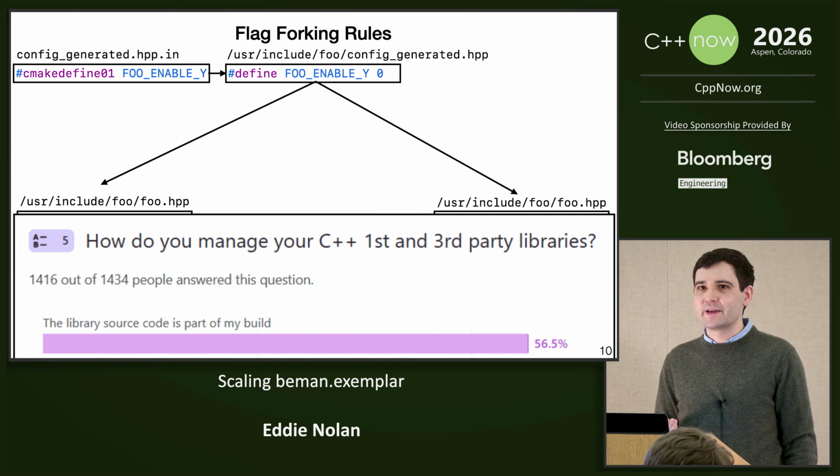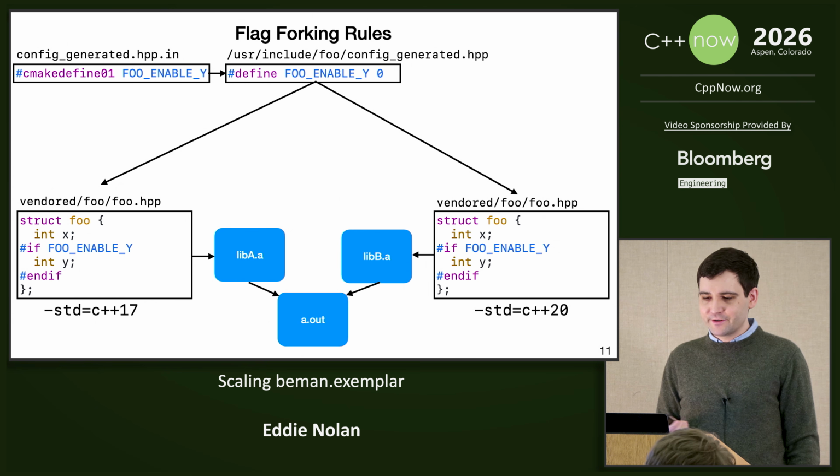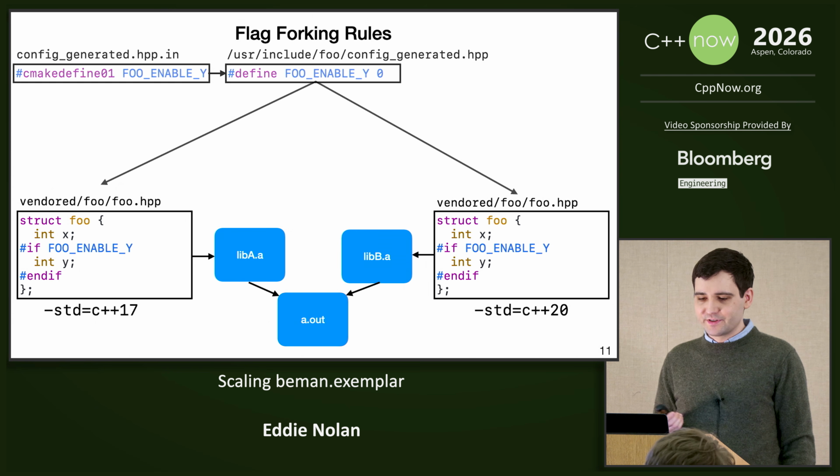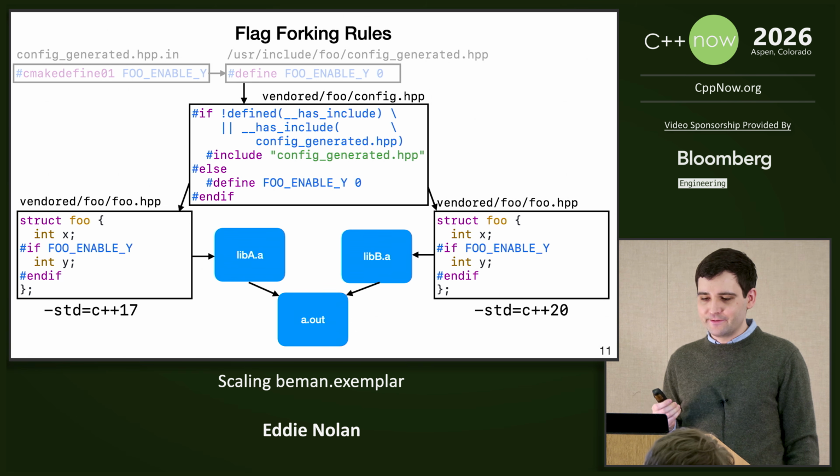Now, some of those people may also be vendoring the CMake as well, but we decided that we also wanted to have a fallback to support people who just wanted to copy the include directory over. And so the way that we do that is in this vendored instance, the consumer is not going to have this generated file, but they are going to have a non-generated config.hpp file.